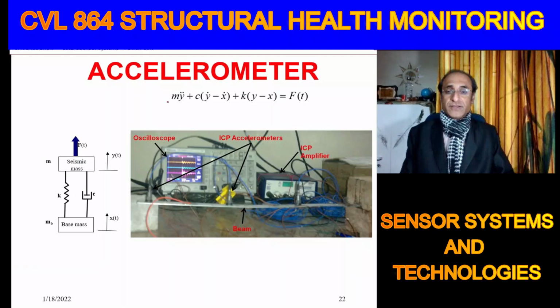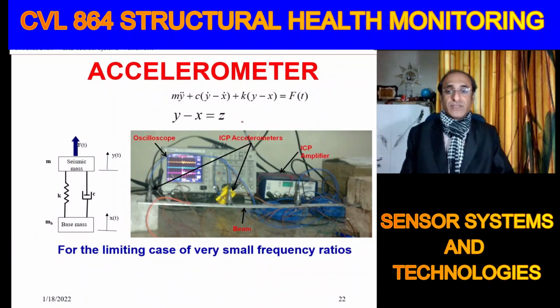Here the inertial term is contributed by the absolute acceleration, but the other terms, the spring force and the damping force, depend on the relative displacement or relative velocity between the seismic mass and the base mass.